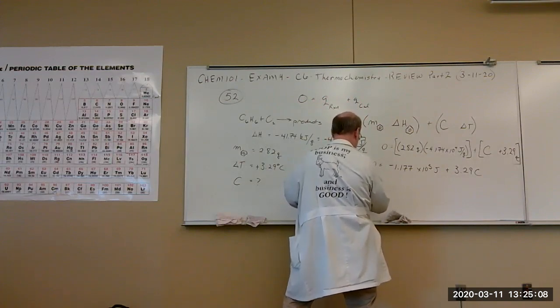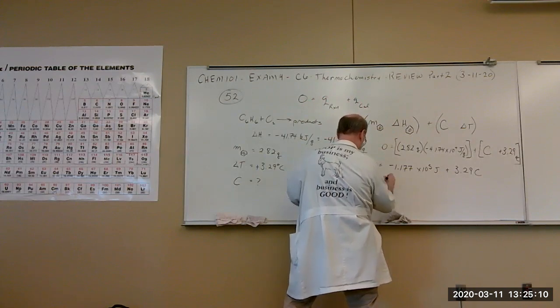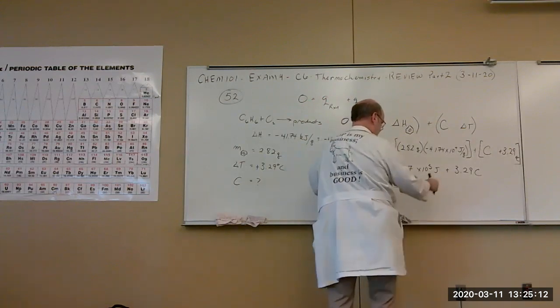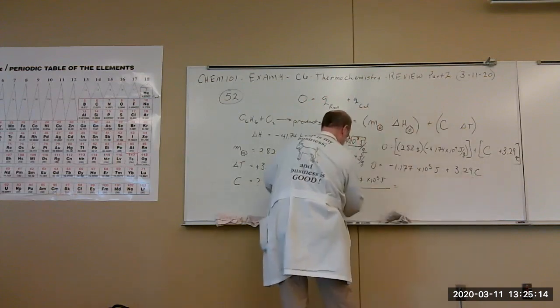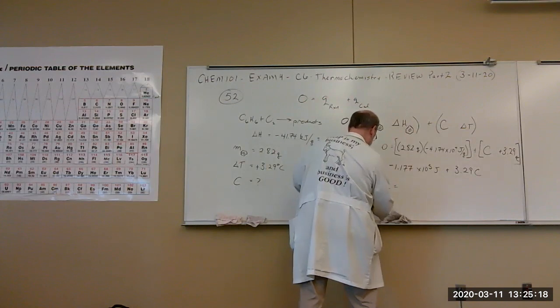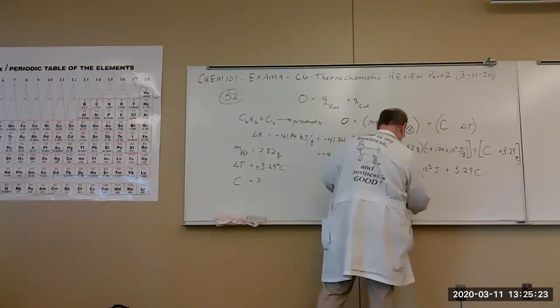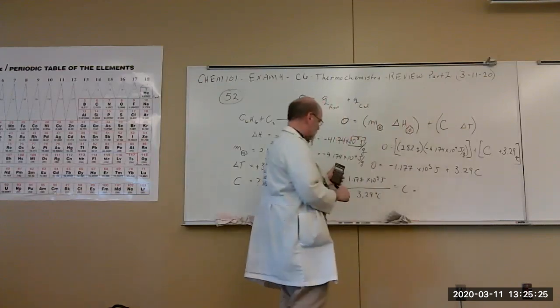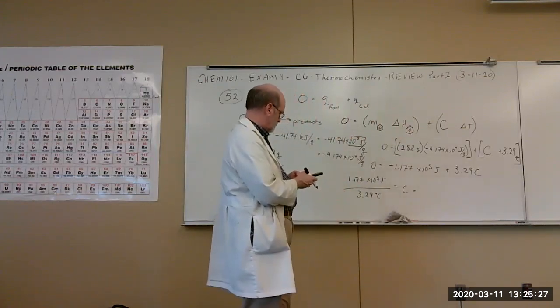And then we can divide by this one. We'll do this in one step. And this is 3.29 C, that's equal to C. So we should divide that value by 3.29.